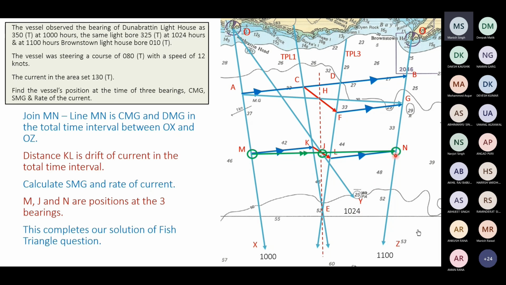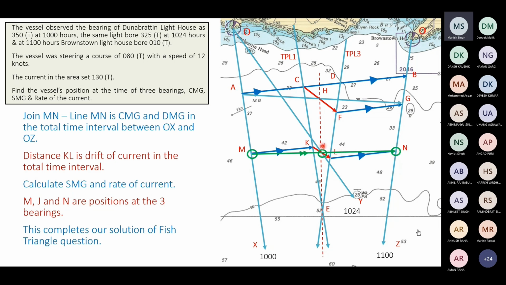Point N, which I have here, represents my third position at the time of my final position line at 1100 hours. So Mike, Juliet, and November are the three positions of the vessel at the time of three position lines, or at the time of three observations.